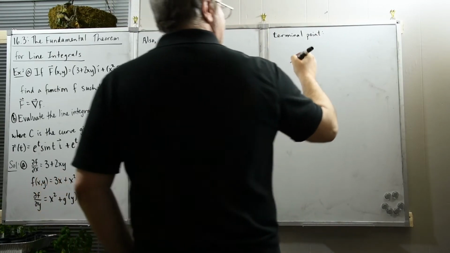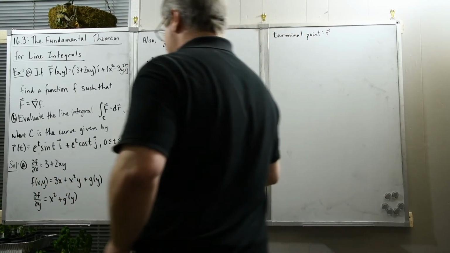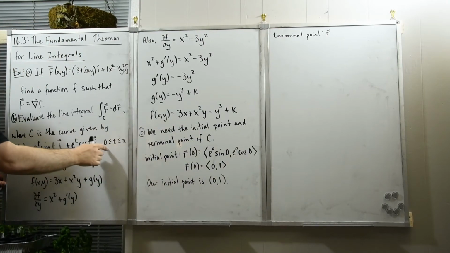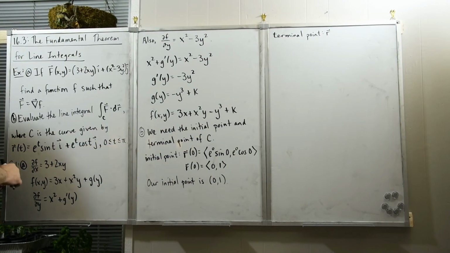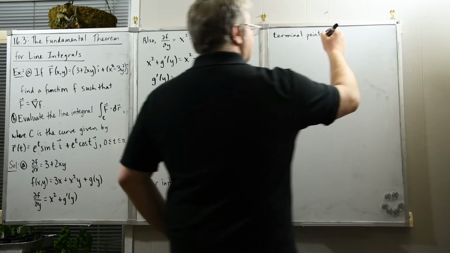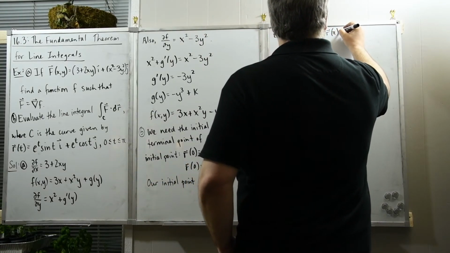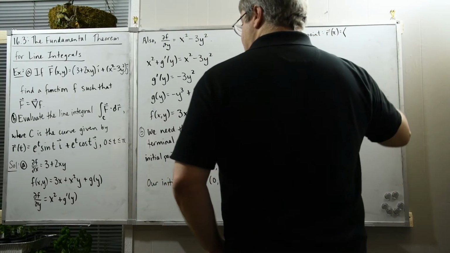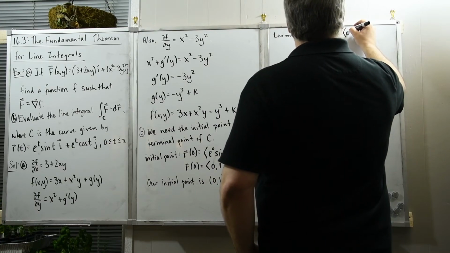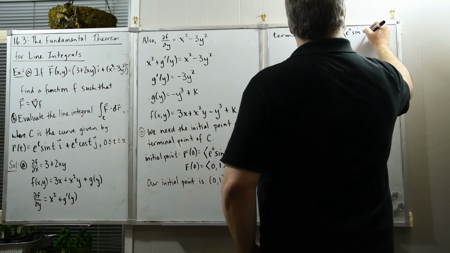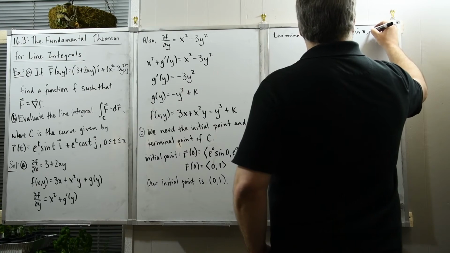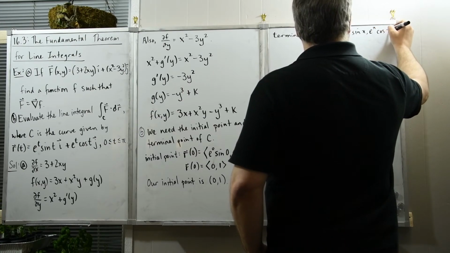And for the terminal point, remember that t ranges from 0 to pi, so we're going to find r of pi here. So we'll have e to the pi times sine pi as our first component, and e to the pi times cosine pi as our second component.